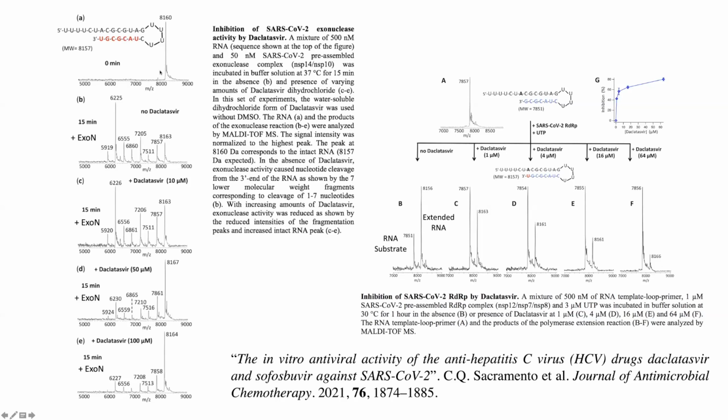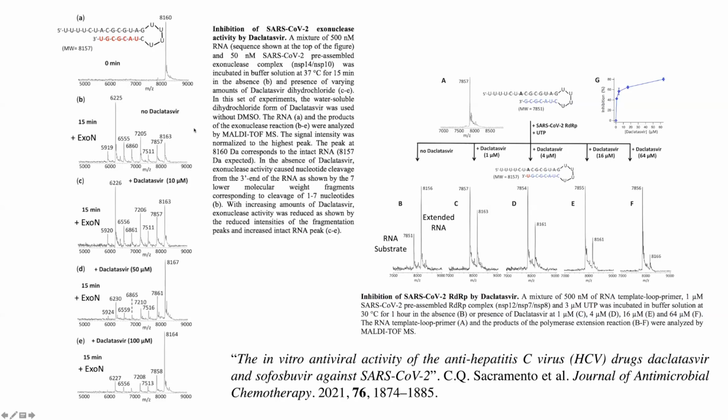You can see the parent RNA molecules are degraded very rapidly, turning into small fragment peaks, because exonuclease removes one nucleotide after another from the 3' end. But now, if you add these inhibitors with increasing concentration, you can see that most of the RNA is protected, because the molecule inhibits the exonuclease activity.